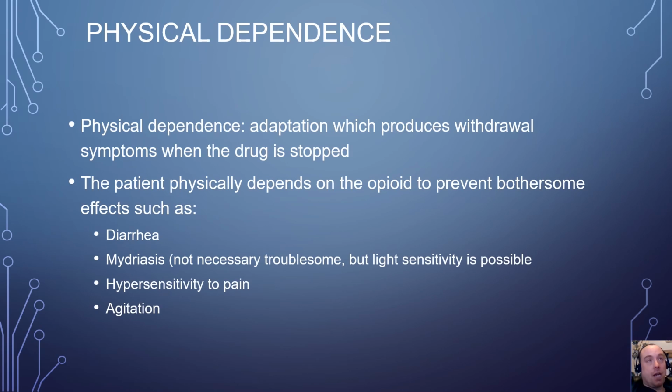And agitation is a very well-known effect from, for example, giving naloxone or Narcan to someone who's had an opioid overdose. It's very well known that they can become aggressive, violent, and agitated, and even someone who's on it chronically without overdosing, if they abruptly stop it, could have agitation.